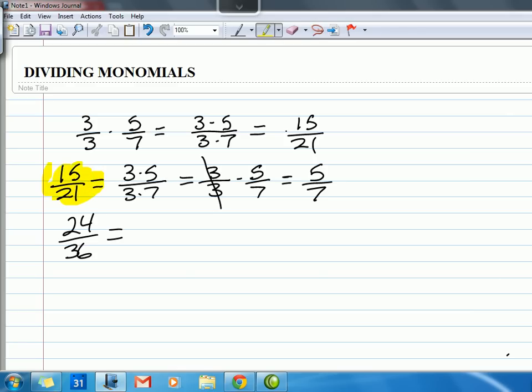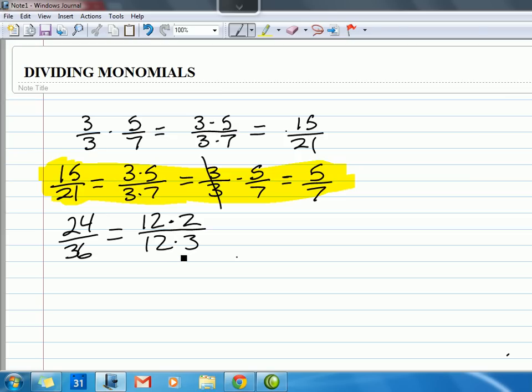I can find a common factor, preferably the greatest common factor, and try to reduce. Between 24 and 36, I know that 12 will be our greatest common factor, right? So what do we multiply by 12 to get 24? That would be 2. What do we multiply by 12 to get 36? That would be 3.